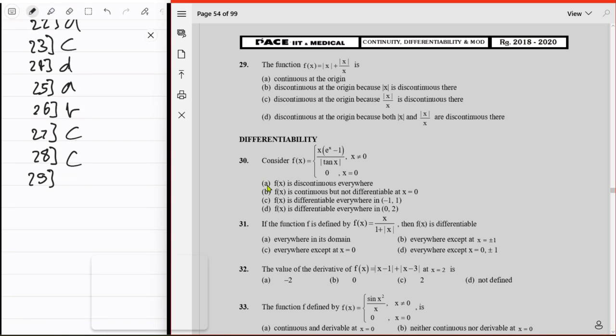So C should be the answer. Think about it. The signum function is not defined at x equal to 0, because if you try to put x equal to 0 in this thing, it will give you not defined. You stated that it's 0 when x is equal to 0, but you can't. 30.